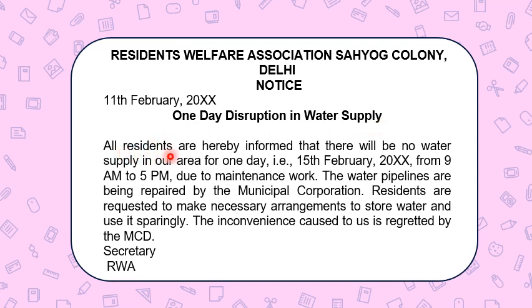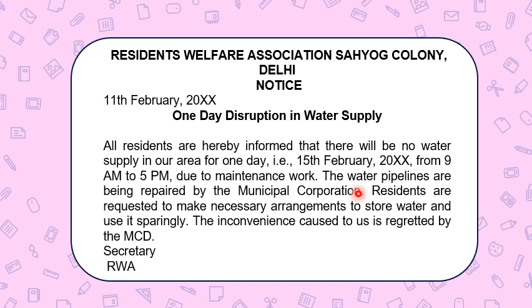The target readers are the residents. They are being informed that there will be no water supply in the area for 1 day. Date has been specified, the timing has been specified, and the reason is due to maintenance work. The water pipelines are being repaired by the municipal corporation. So this is the information that they have given, the reason for the maintenance.